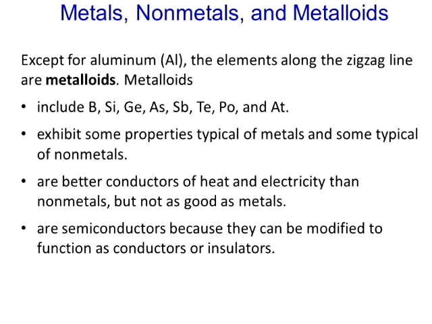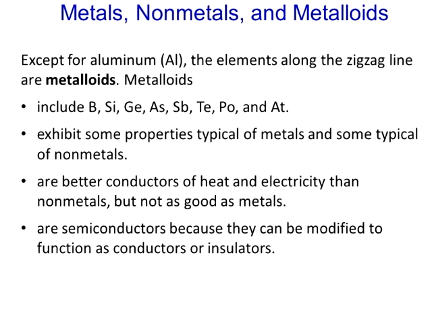Silicon, boron, and arsenic are critical to the performance of your cell phone. These metalloids exhibit some properties typical of metals and some of nonmetals. So they are along that diagonal where the boundary between metals and nonmetals exists.